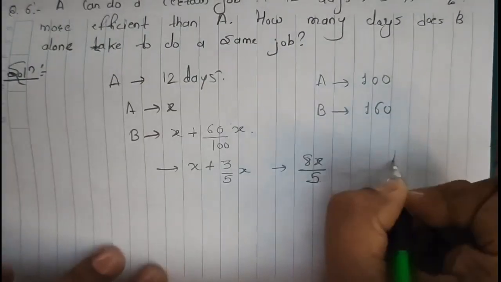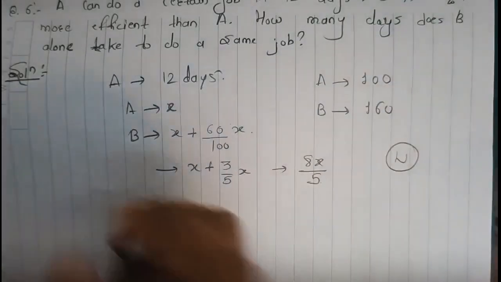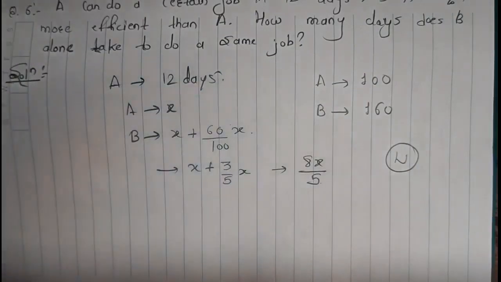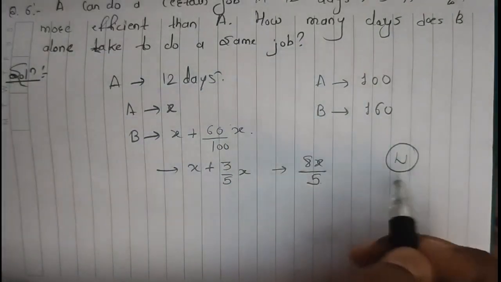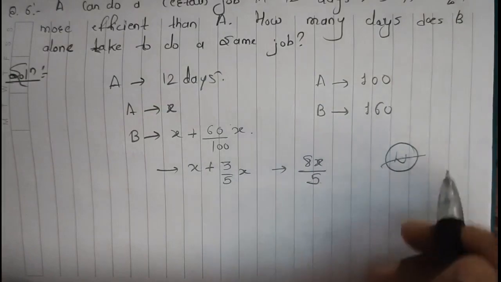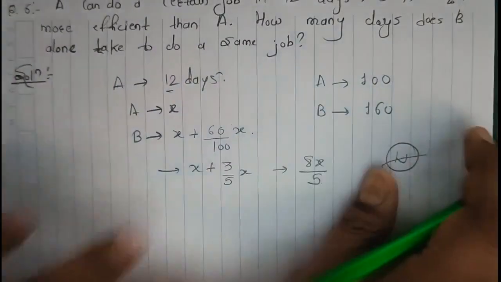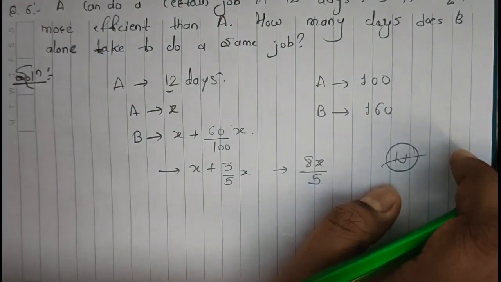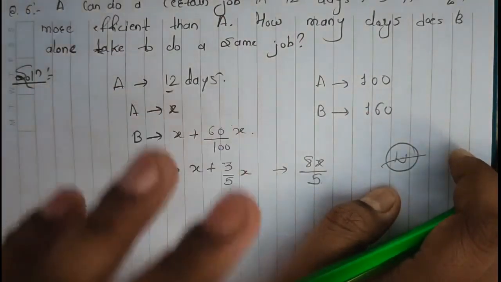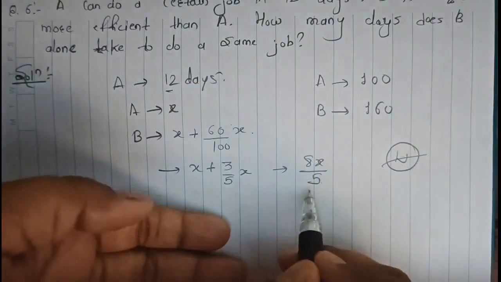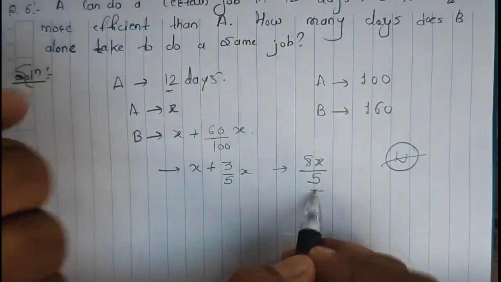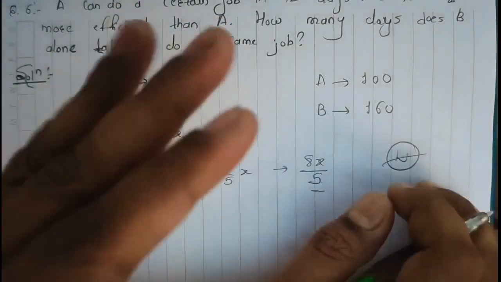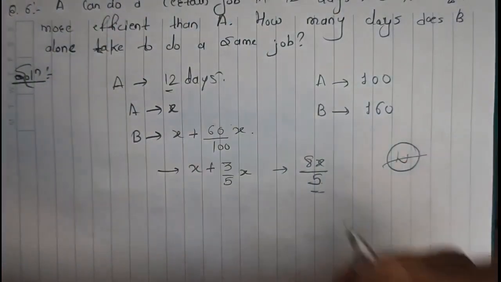You can consider W as your total work. Actually, in the previous questions I have taken W, but here I'm going to take the 12 factor, just to simplify the calculation, so we take the LCM as the total work.